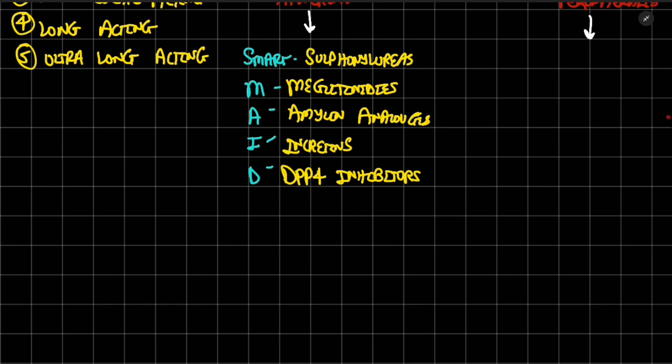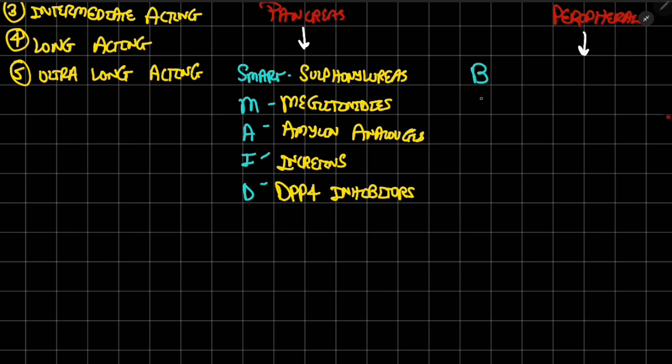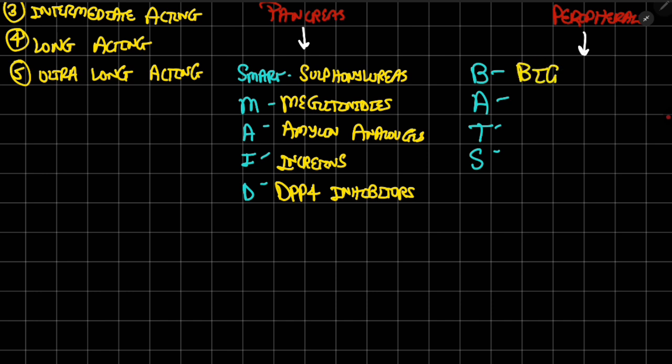Okay, and under peripherally acting we have the mnemonic BATs. B for biguanides, the very famous class, because the famous drug metformin comes under this class. Then we have alpha glucosidase inhibitors.